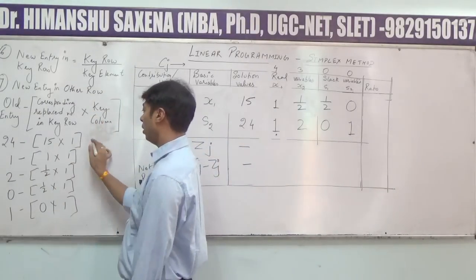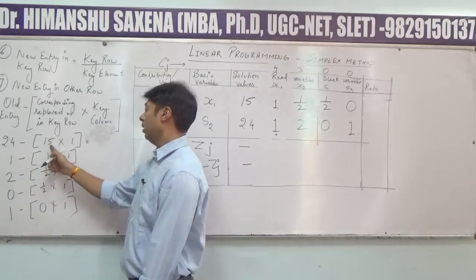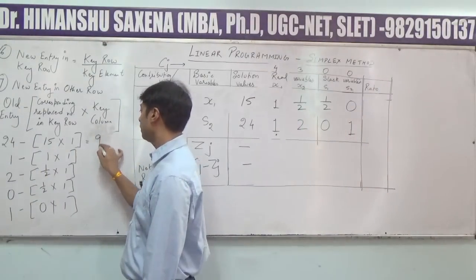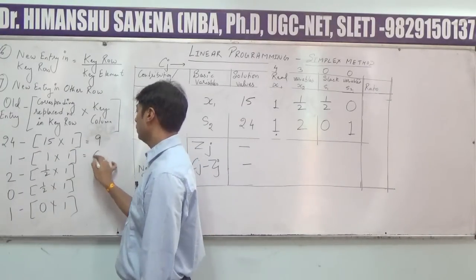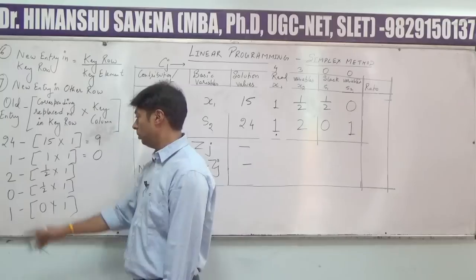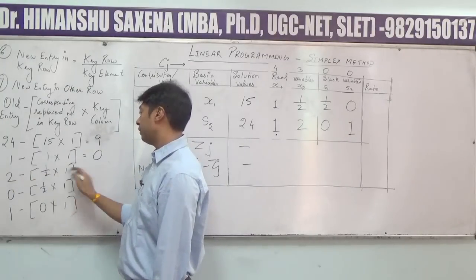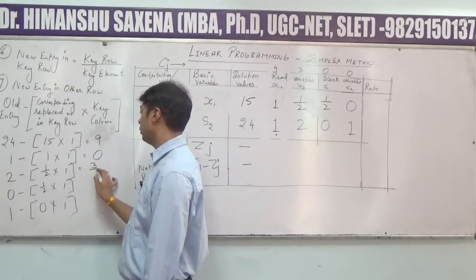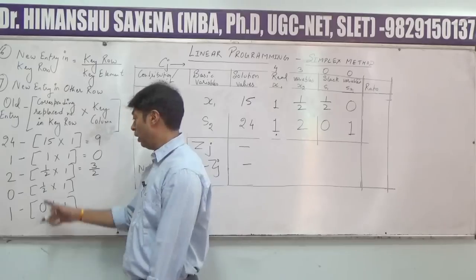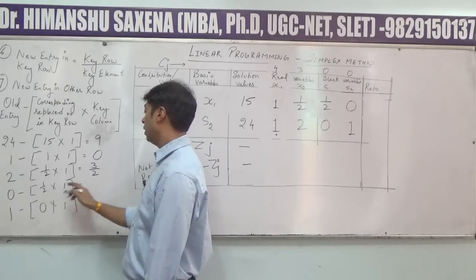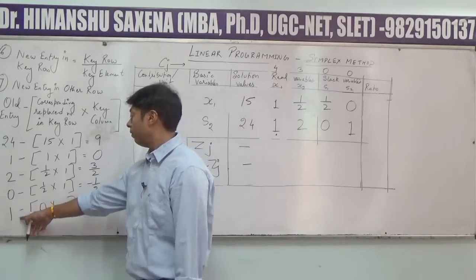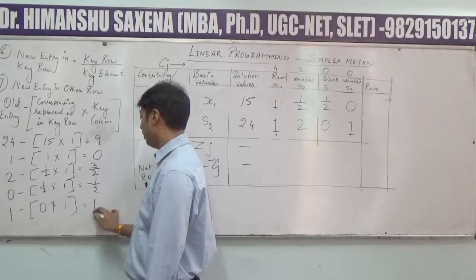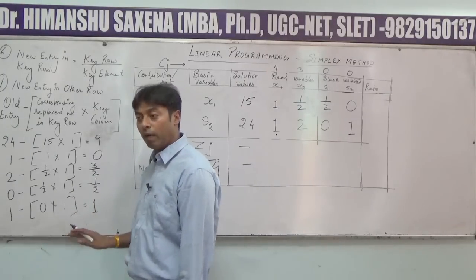Now after solving it, we will get 24 minus 15, that will be equal to 9. 1 minus 1, that will be equal to 0. 2 minus half will give you 3 by 2. 0 minus half will be equal to minus 1 by 2, and 1 minus 0 will be equal to 1 only.